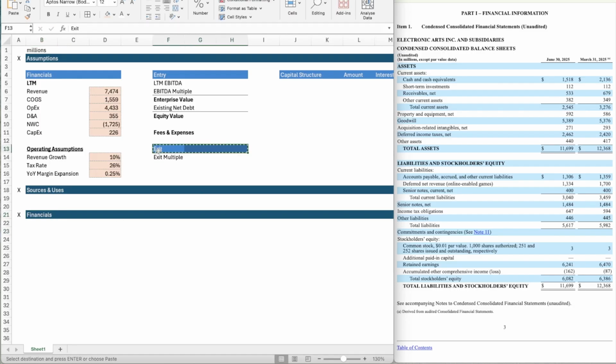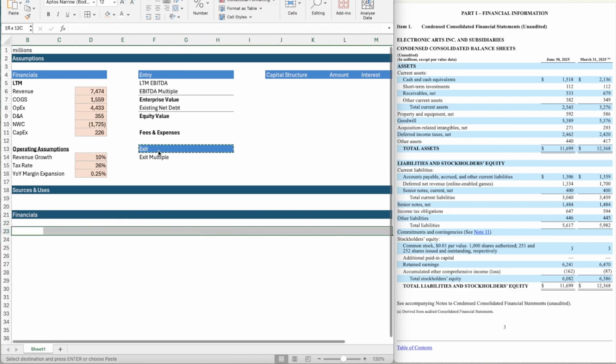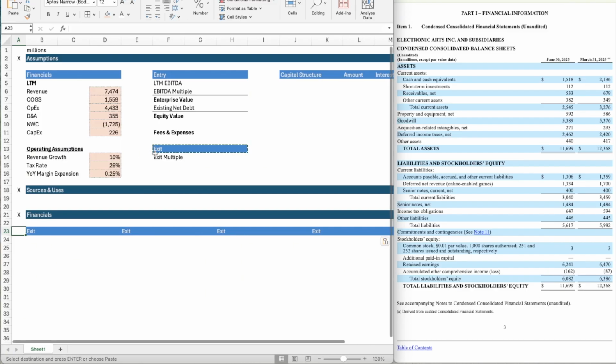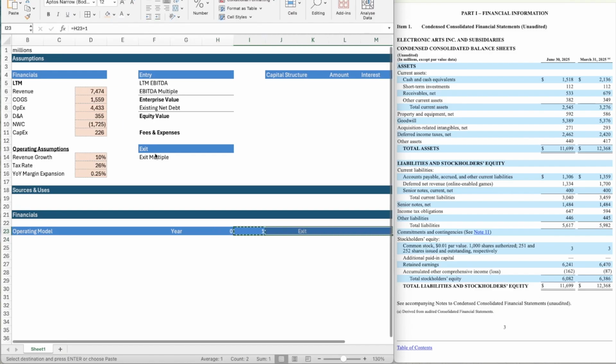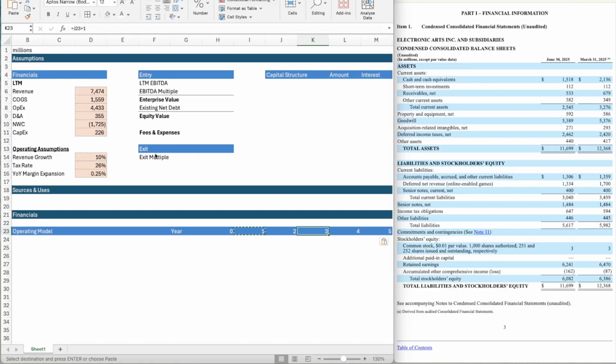Just copy this down. Okay, operating model. Just put year here, and we want to go 0, and just do +1 and take it all the way up to 5, like that.